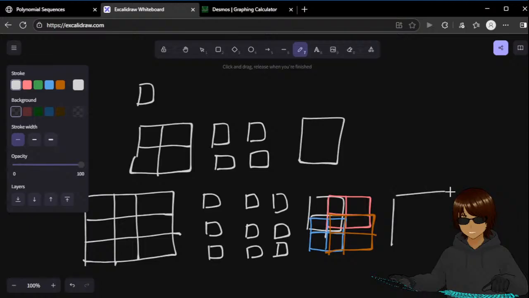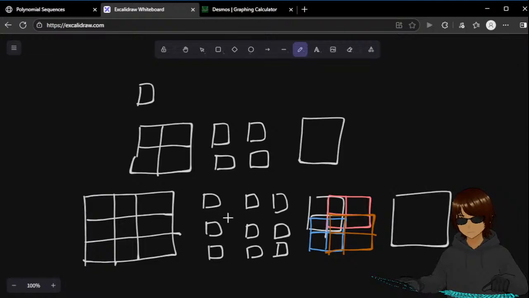And then you have the big one. So it's 1, 4 plus 1, 5, 9 plus 4 plus 1, 14. Is there a pattern though?